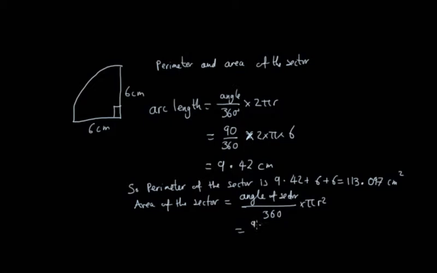So again, it's 90 divided by 360, which is going to be a quarter, times pi times r squared. If we do the maths, we will get 28.27 centimeters squared.